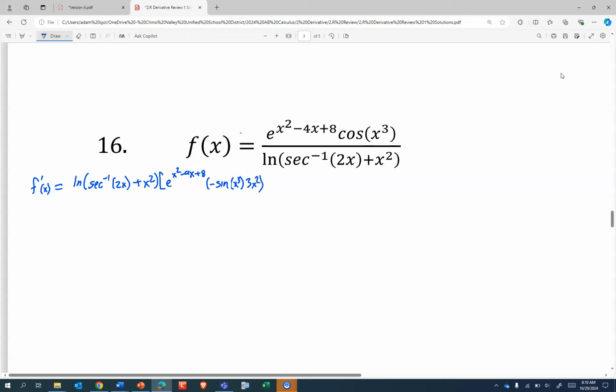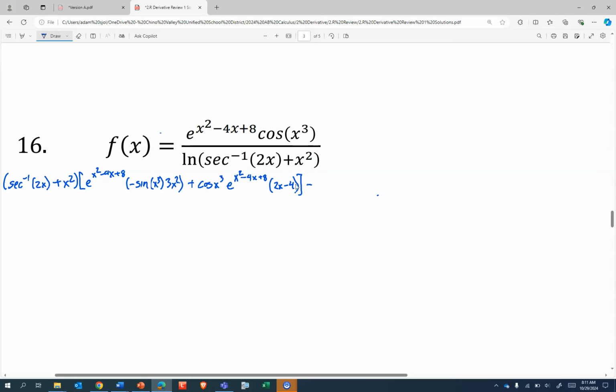First function times the derivative of the second plus the second function, cosine of x cubed times the derivative of the first. Derivative of e to a power is e to that power times the derivative of that power, 2x minus 4. And don't forget, I need to close my bracket. We are still in the middle of a quotient rule.